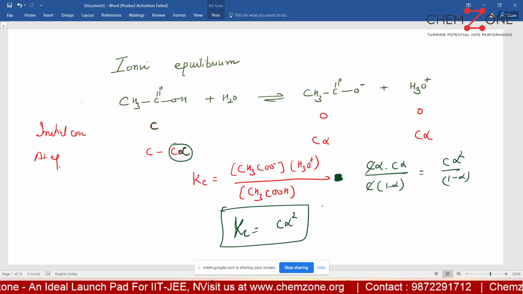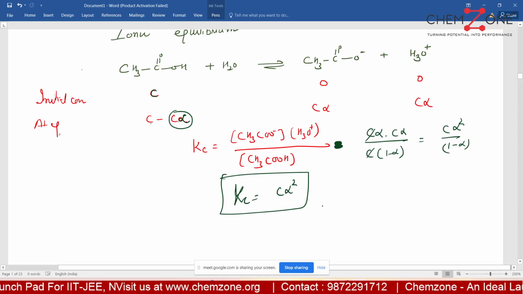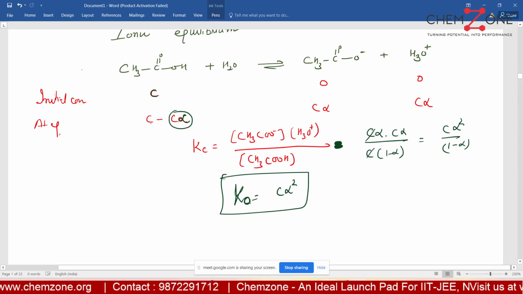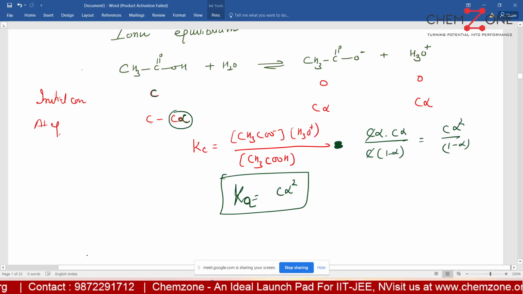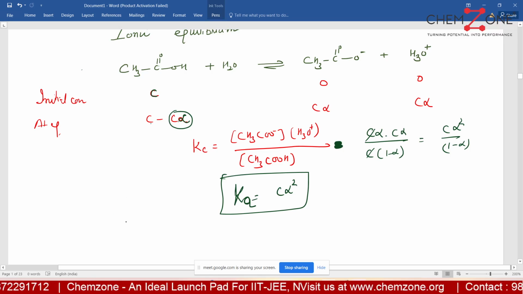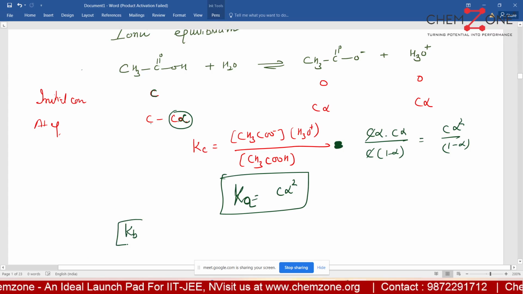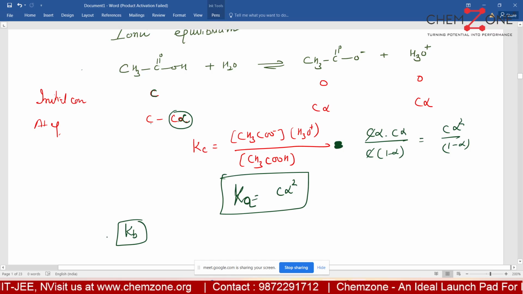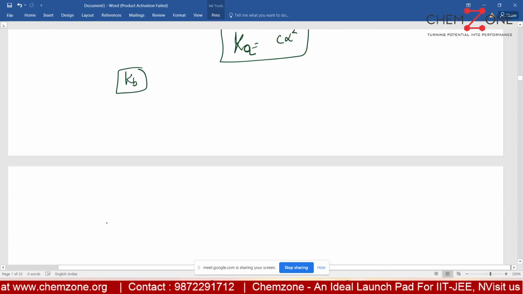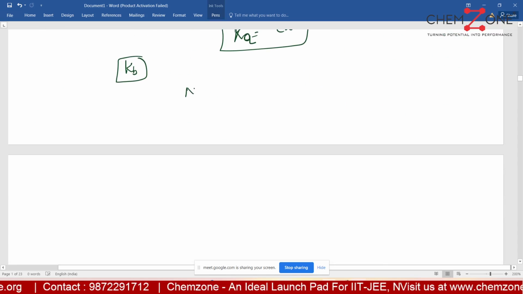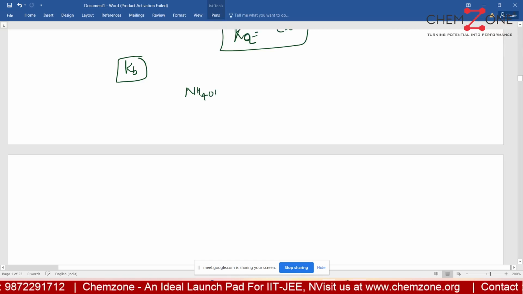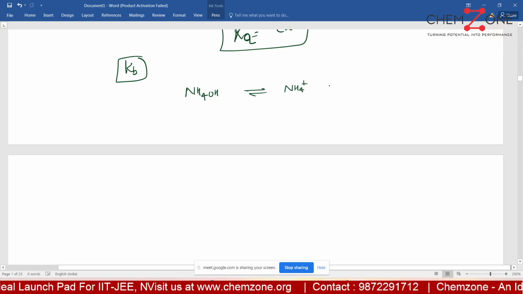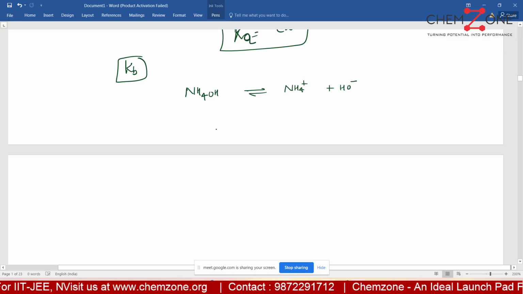Now I guess I understand the initial one. Okay. Now, this is an acid, so I'm using the word Ka, A for acid. In case it is a base, I'll be using the word Kb. For example, I have ammonium hydroxide dissociating to give what? Ammonium ion plus HO negative ion.